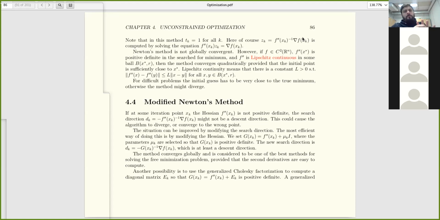The situation where it in fact behaves very well is when a function is twice continuously differentiable, in that the Hessian doesn't have any points at which it's non-continuous or undefined, and it's positive definite at the point of the minimum.